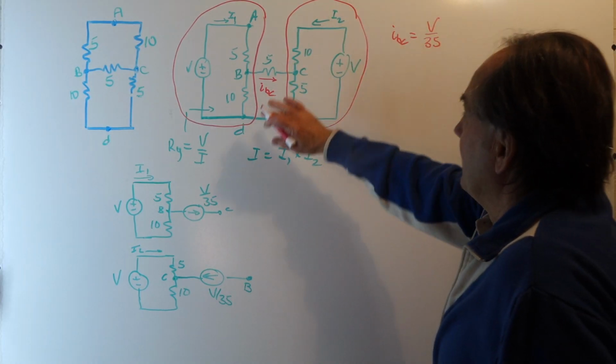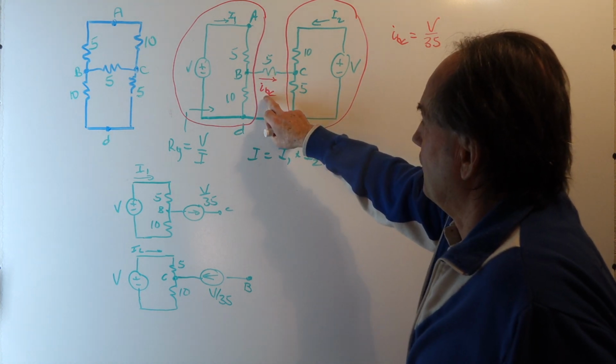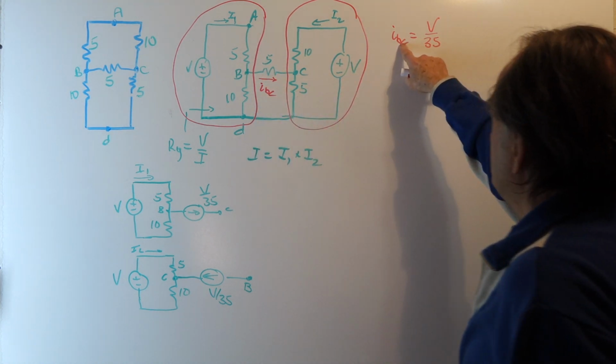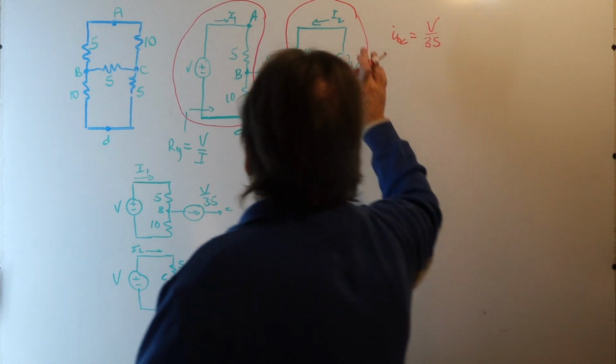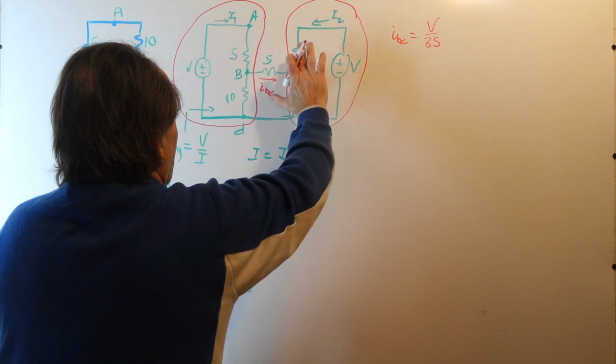Okay, here's where we're at. We just solved for the current in the 5 ohm resistor, IBC, and we determined that IBC is V over 35. So now I'm going to draw some equivalent networks here.